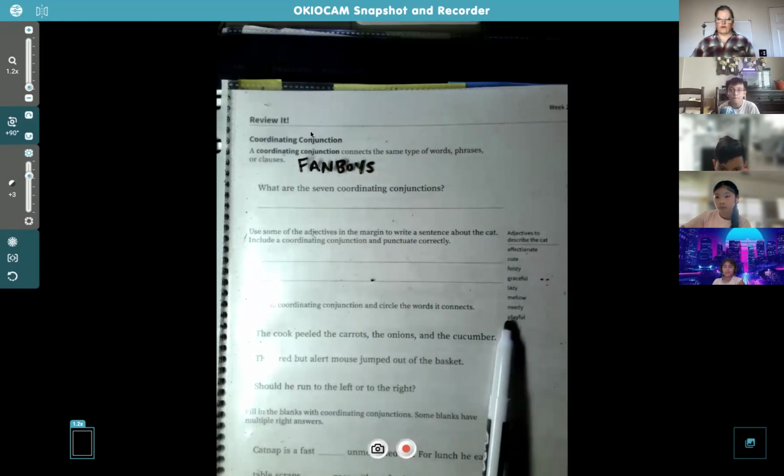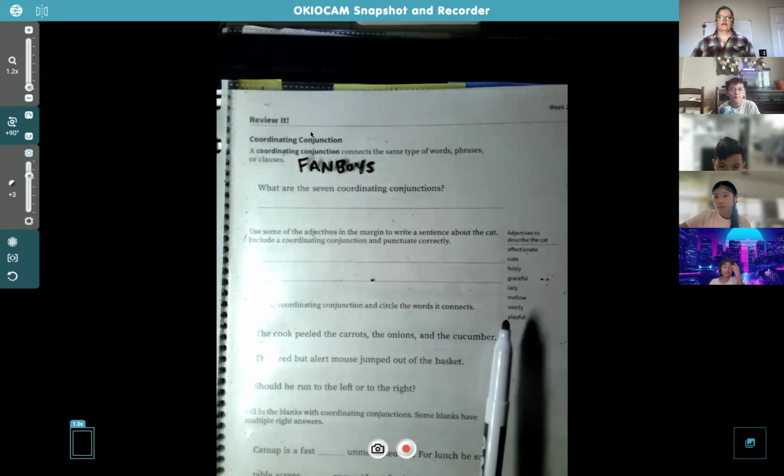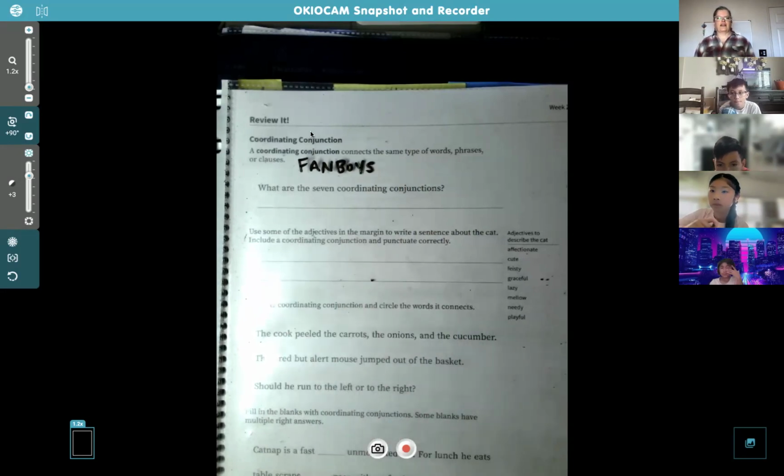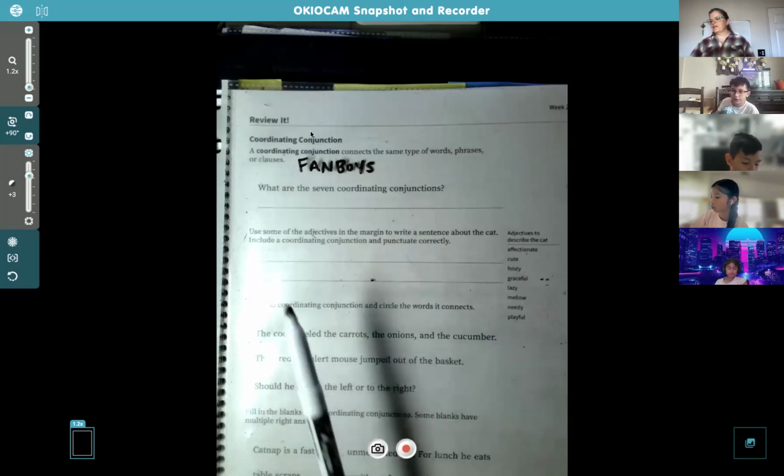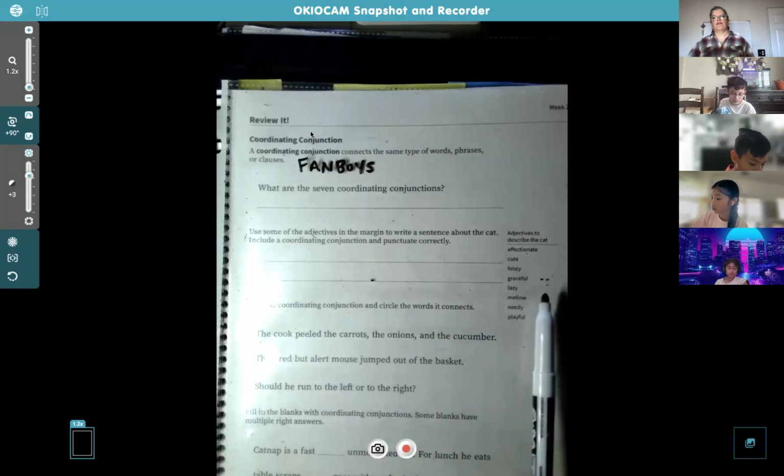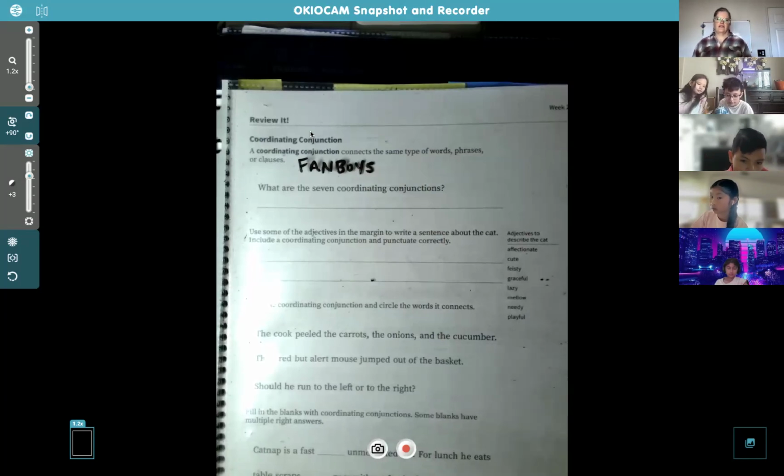Use 2 or 3 of these words and make a sentence about the cat. Wait, can you use all of them? That's too many actually. So you can use 2 or 3, 3 at the most, okay? Make up a sentence using two or three of these adjectives about the cat. And then once you write your sentence, give me a thumbs up and you can share your sentence.